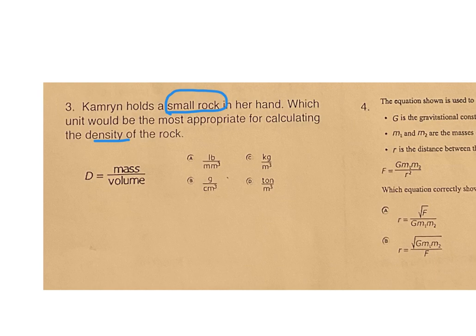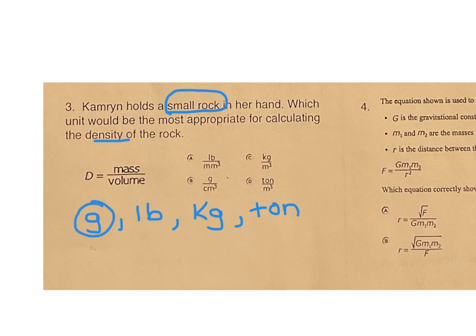As we take a look at our mass units, if we put them in order from least to greatest, grams would be our smallest unit of measurement. Then we would have our pounds, because there's 2.2 pounds in a kilogram. Then we would have our kilogram, which is made up of 1,000 grams. And then last but not least, we would have our ton. So if we're talking about a small rock, we're talking about grams.